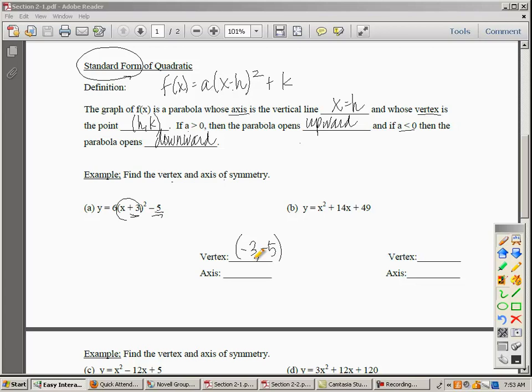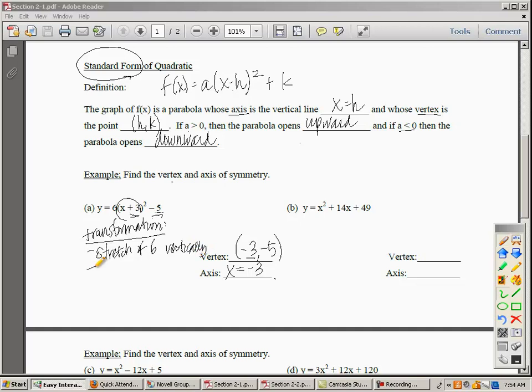The axis of symmetry is always an equation, x equals, and we take our x coordinate from our vertex. If I ask you to describe a transformation, let's look at this. We would say stretch of 6, and maybe we should say vertically in there too.